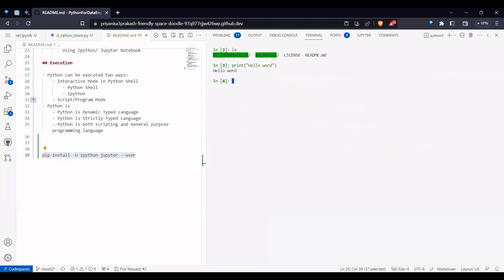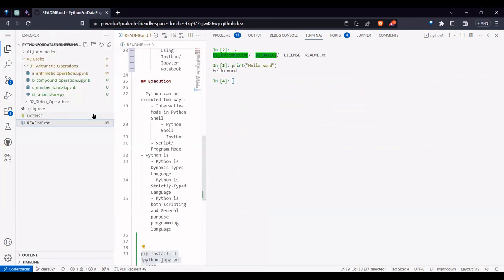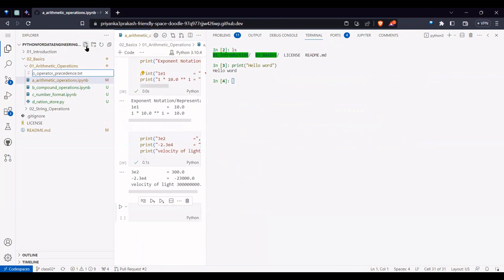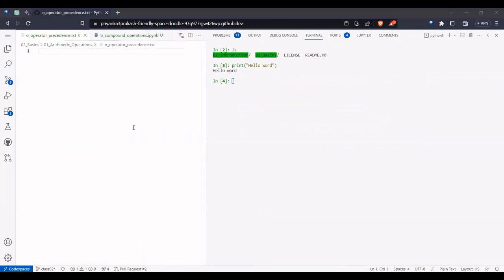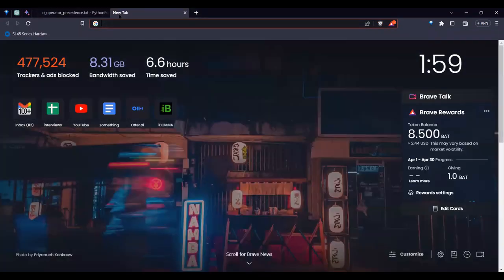Now I want to tell something interesting about this called operator precedence. Operator precedence means, so let me give you a list of things about this operator precedence. Operator precedence generally is about PEMDAS or BODMAS. If you remember what you have learned in your schooling, there is something called BODMAS.